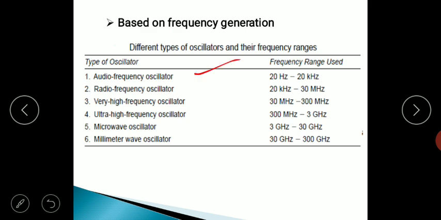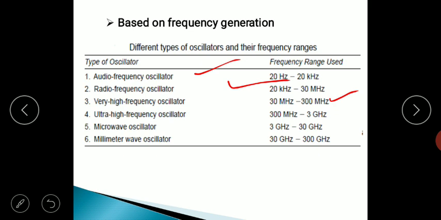Similarly, the second type is radio frequency oscillator. The radio frequency range, you know, 20 kHz to 30 MHz. The oscillator which generates a frequency in the range of 20 kHz to 30 MHz is called as radio frequency oscillator. Similarly, the oscillator which generates a frequency in the range of 30 MHz to 300 MHz is called as very high frequency oscillator.